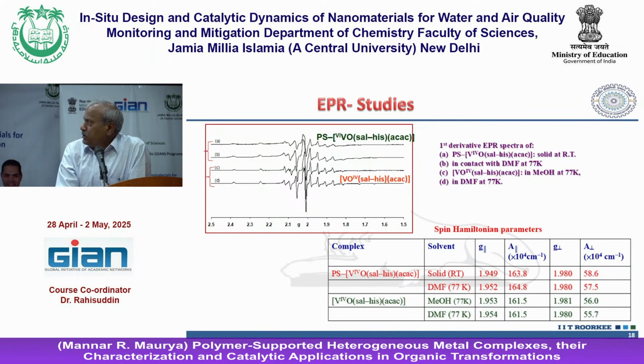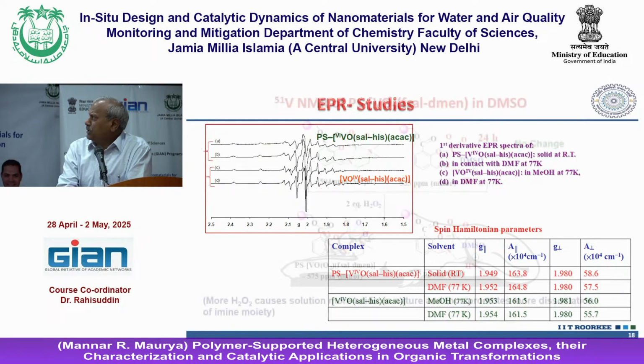So see the 8-line EPR spectrum, and you will do that in two different ways: one is solid, one is dissolved in DMSO at -70, with the homogeneous and the heterogeneous both compared here. You see that all signals available in the homogeneous system are also available in the heterogeneous system. Since this is vanadium(IV) with only one unpaired electron in the d orbital, it can easily be seen through that, and that can be interpreted as a metal complex formed in the heterogeneous system.